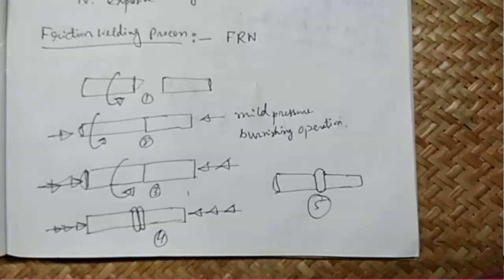Now the rotating assembly is then pressed against the stationary member, and the kinetic energy of the flywheel is converted into frictional heat. The weld is formed when the flywheel stops its motion and the pieces remain pressed together. Since the conditions of inertia welding are easily duplicated, welds of consistent quality can be produced and the process can be easily automated.